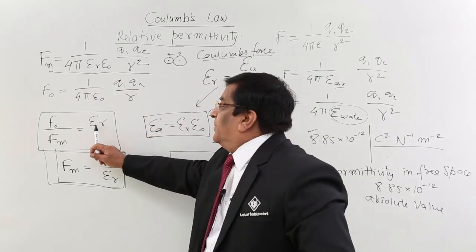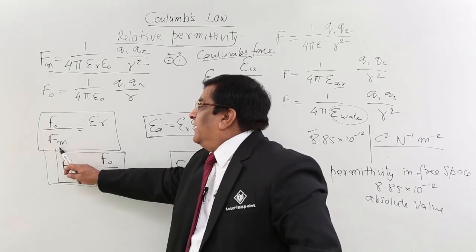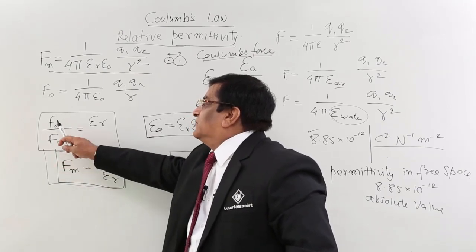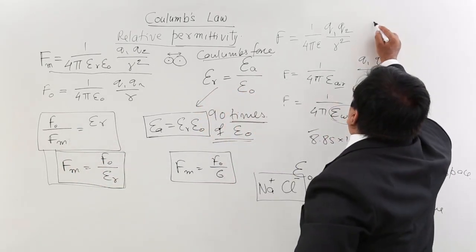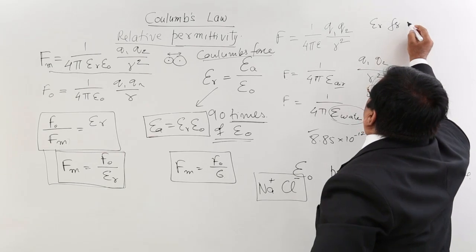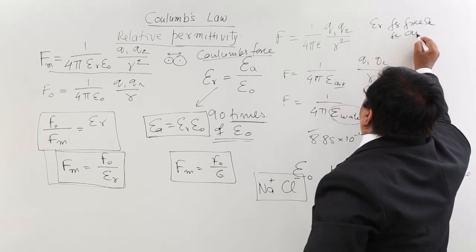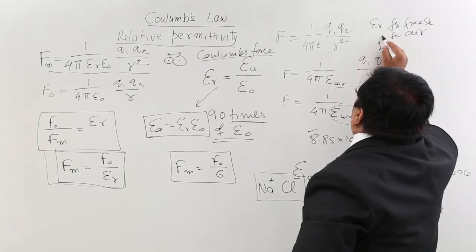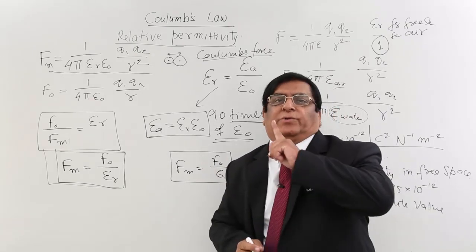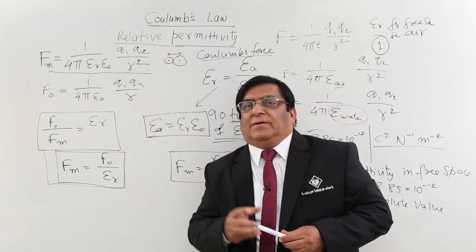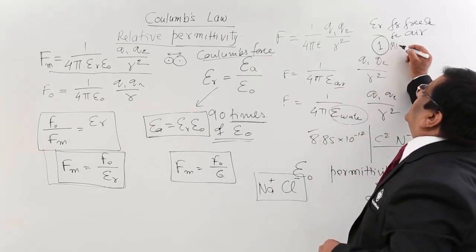Now, if we replace the medium with free space, they cancel, it will be 1. So ER for free space or for air, we take as 1. And for any other medium, it is more than 1. So remember, this is the minimum value of ER.